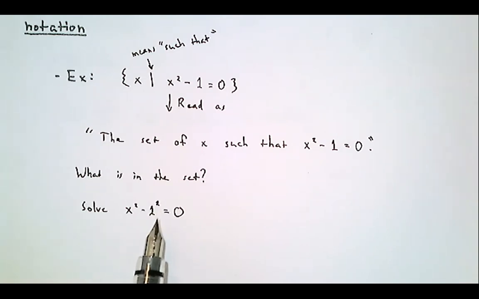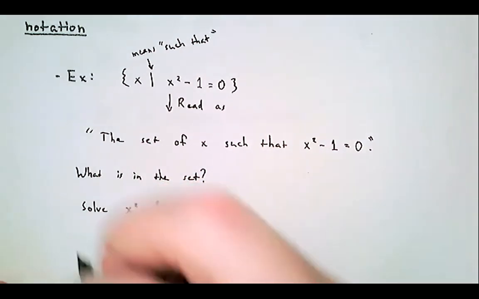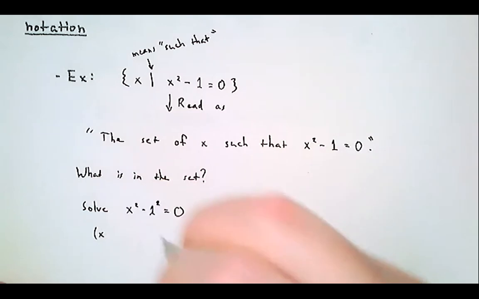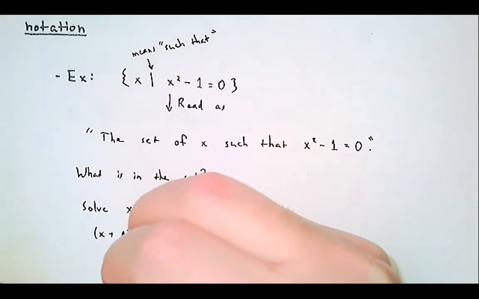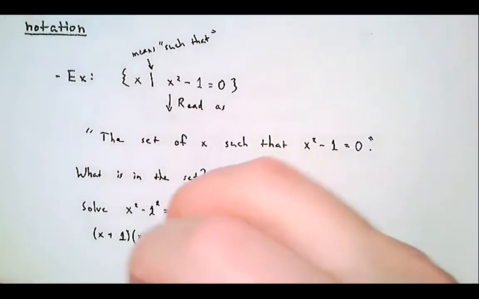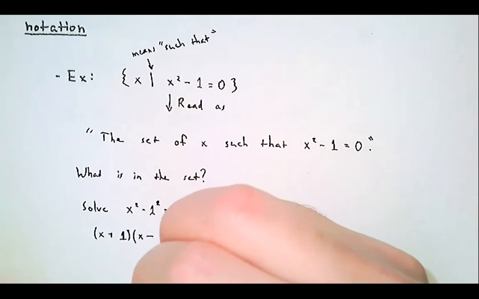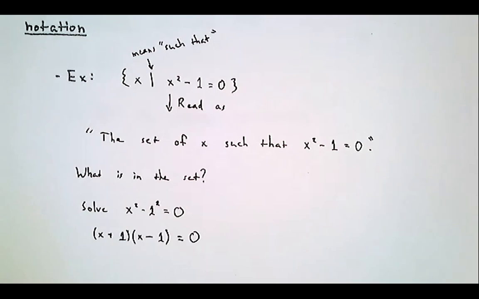If you think back to maybe your last algebra class, you probably learned how to factor differences of squares. You take the first number x, you add the second number 1, and then you multiply by the first number x minus the second number 1. So this one is fairly straightforward to factor as long as you remember that.